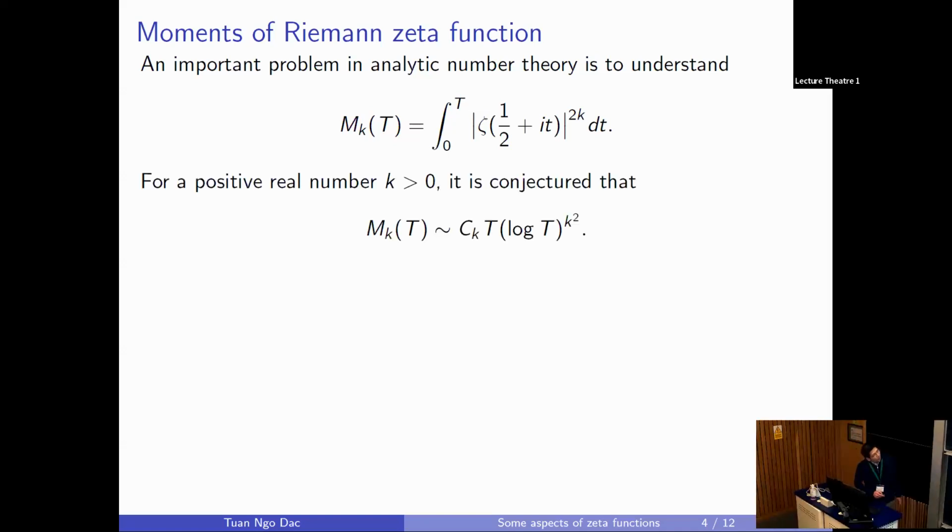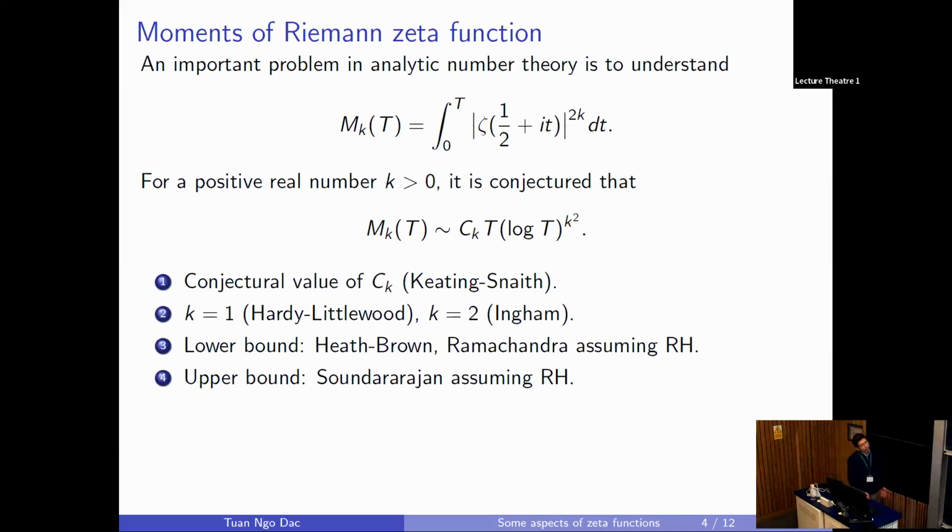For a positive real number k, it is conjectured that the moment is equivalent to a constant c_k times T times a power of log T. There is a precise conjectural value of c_k due to Keating and Snaith.